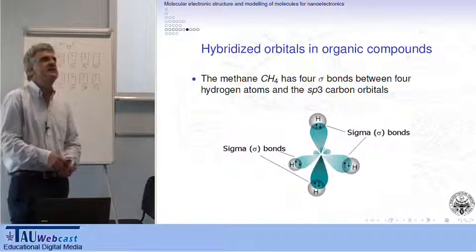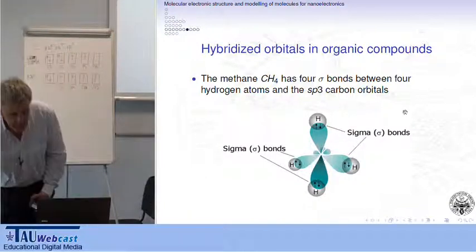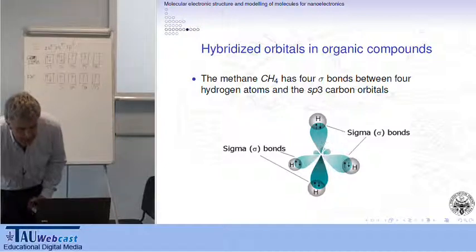We can understand this structure because, as you can see, this is the original sp3 form for excited carbon, and here we have a sigma bond.